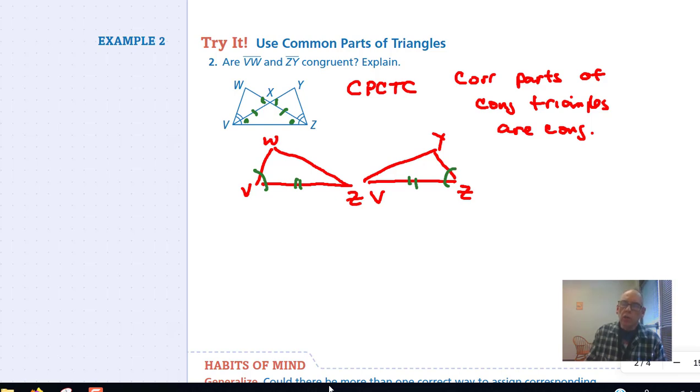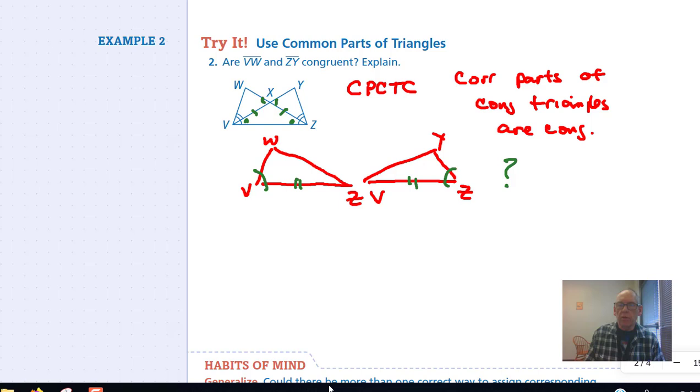Okay, so it looks like these are congruent, but I don't see that I can dig out enough information to get a pattern. How can I show that angle Z and angle V, this angle VZY, this angle here, okay, VZY, oh, I got that, VZY.